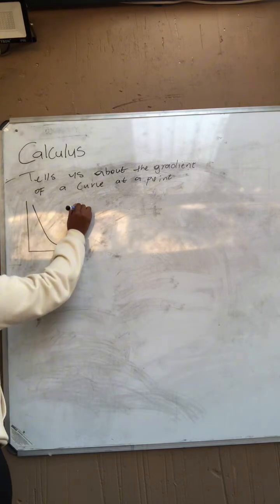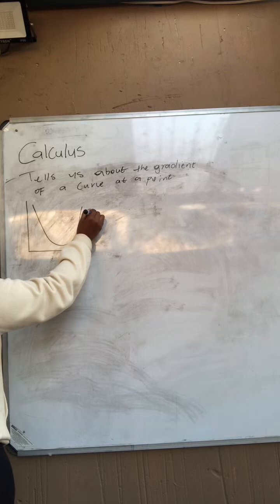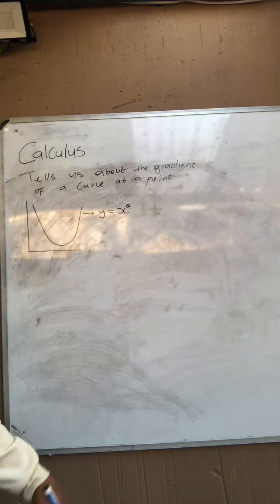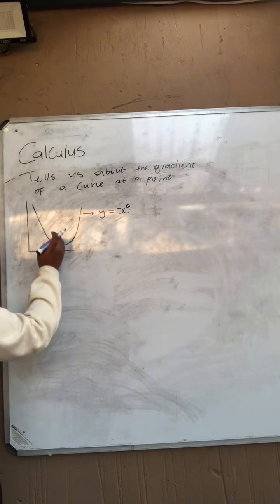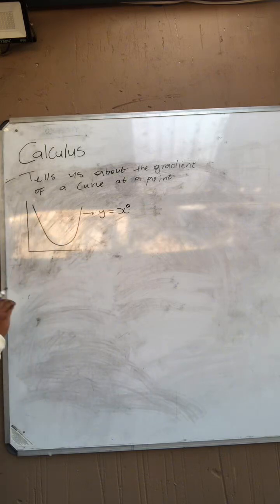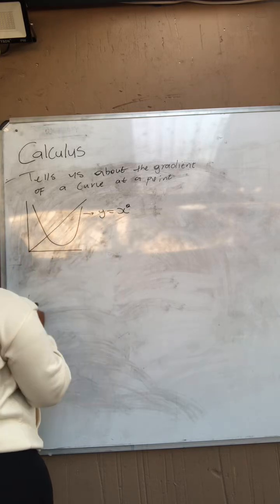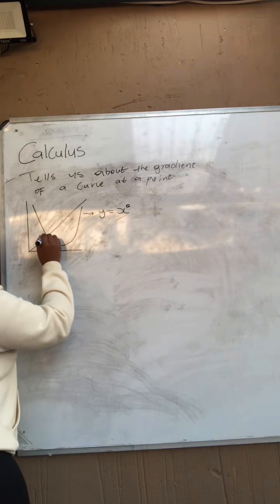We have a curve here, which is y equals x squared. We notice how this graph keeps on bending. When this graph keeps on bending, the slope also keeps on changing. So we are going to have a line that touches this graph only once at this point.